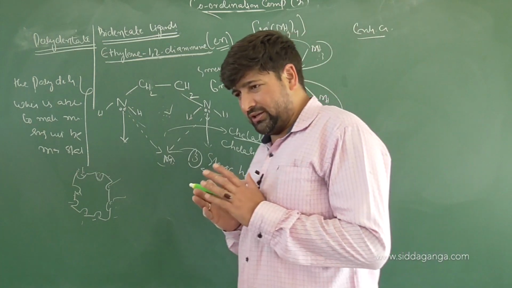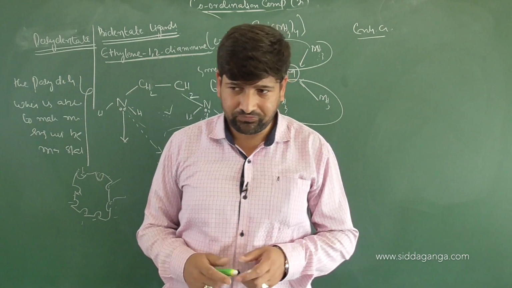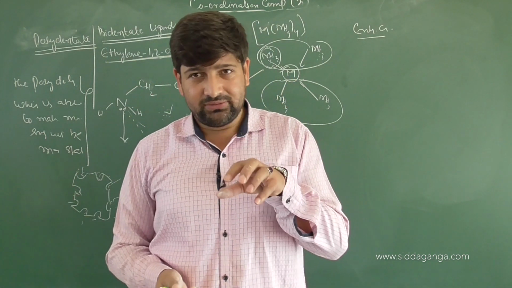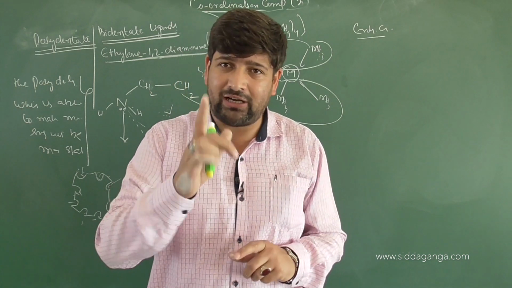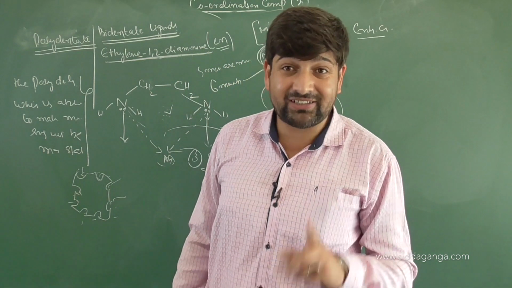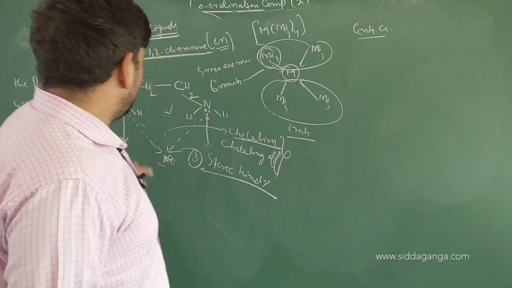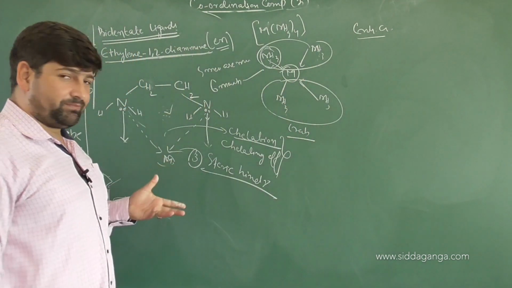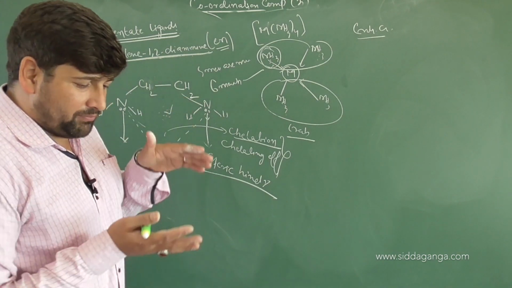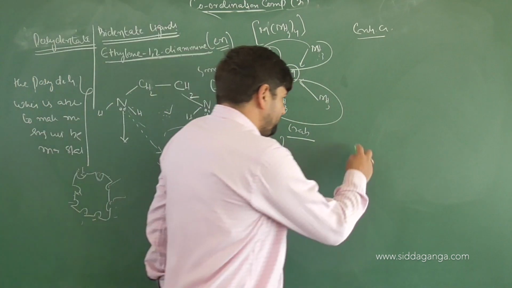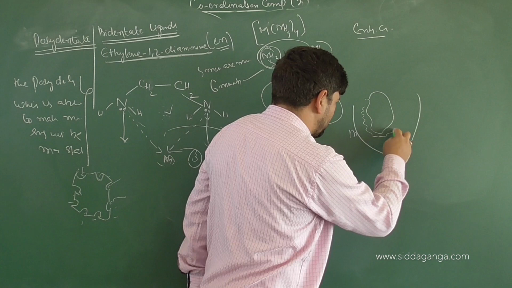Now, a simple rule in biological sciences and chemical sciences is that anything that affects the entropy of the medium will always be opposed. Have a look, children. If I have a bigger bidentate ligand and you put it in the medium, the medium molecules will start to surround this ligand.